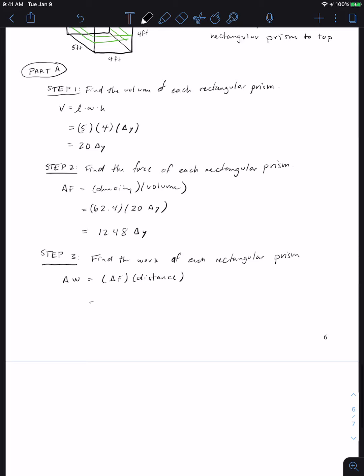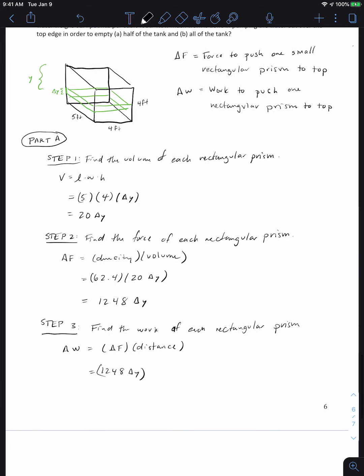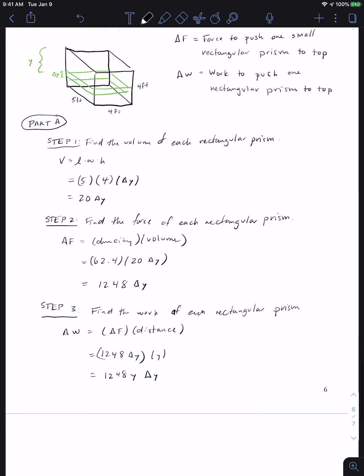So delta F, we just solved for that. That was 1248 delta y. And if we look at the problem, what's the distance that each one of those prisms has to travel? By the way we set it up, each has to travel y, right? That's the distance out here to the left. So that's what goes there for distance. And so I get 1248 delta y times y. So let's put the y here and then delta y.